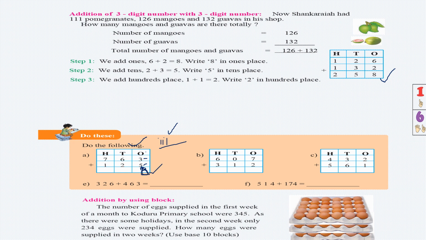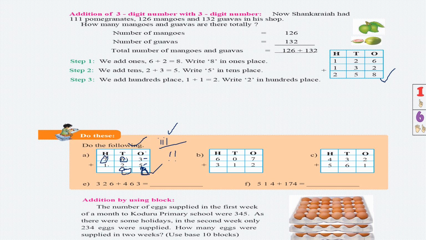Now in tens, what is the bigger number? 6. Keeping 6 in mind, how many fingers do you have to show? 2 fingers, because it is 2 here. After 6 it is 7 and 8. So again 8 in tens, right? Now over here 7 is the bigger number, right?